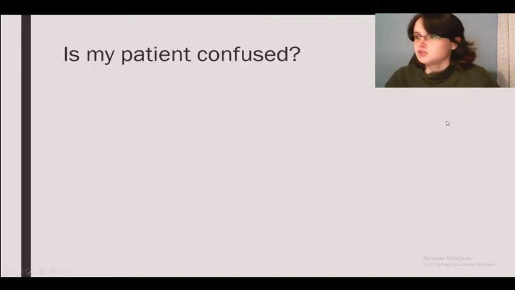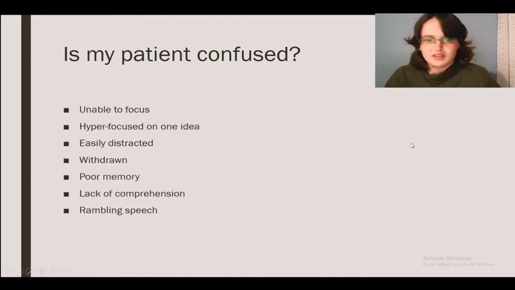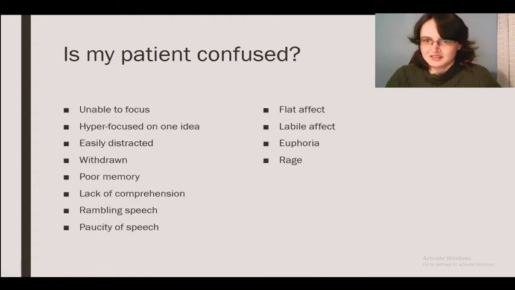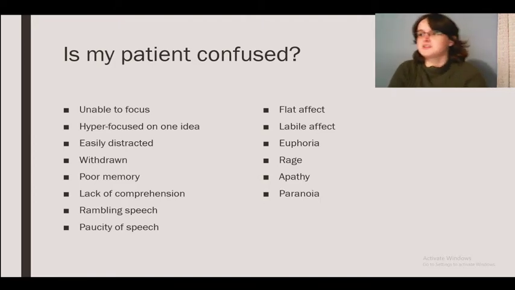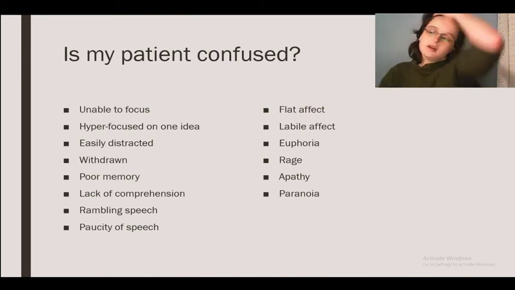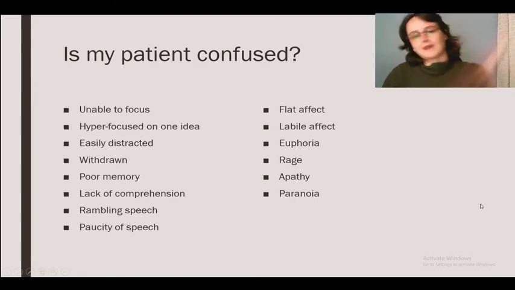Okay, so what does confusion actually look like? There are a lot of things that it can look like. And I didn't really make it clear on the slide, for which I apologize, but there are kind of four main domains. I don't know if you can see my mouse. I hope you can.